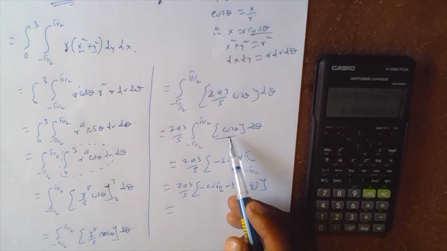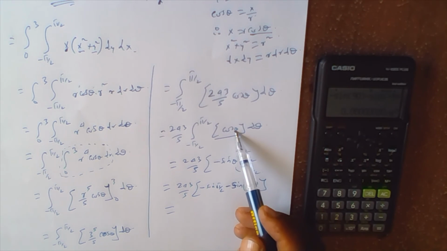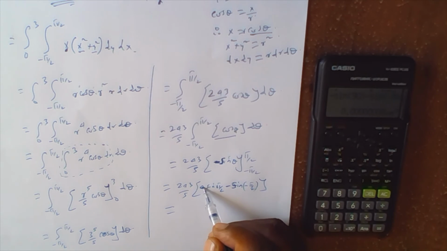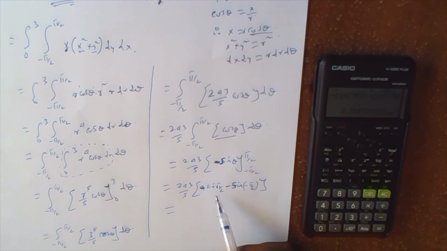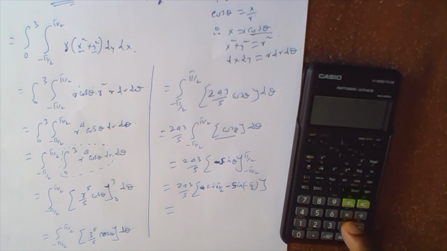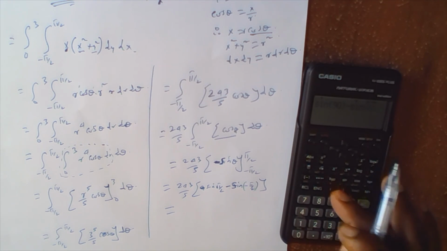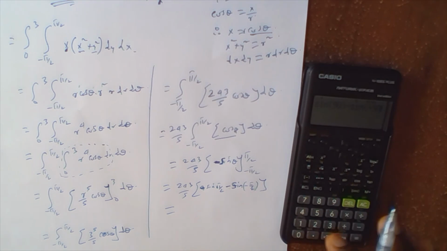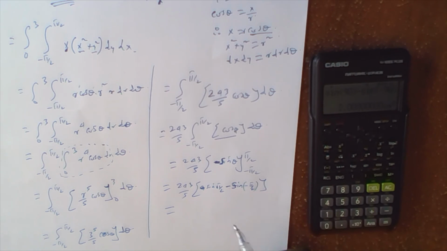Now wait, when you integrate cos theta, you get sine theta, not negative, you get sine theta. So this will be sine 90 minus sine negative 90, which is equal to 2.